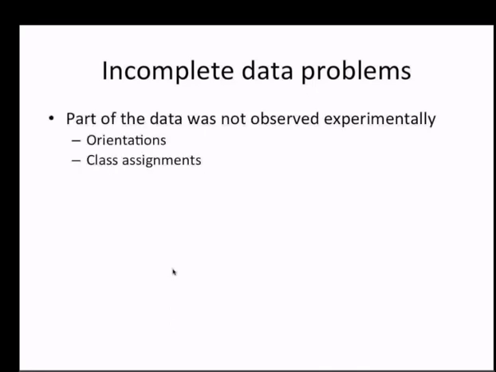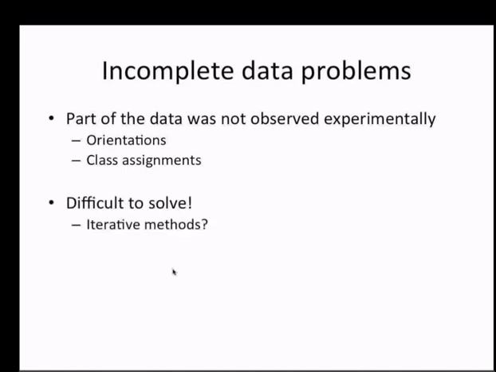Okay, so incomplete data problems, you could think of them as problems where part of the data was not observed experimentally. And in our case, you could think of this incomplete part of the data as being the relative orientations of all the experimental particles. And if there were 2D or 3D heterogeneity, then class assignment would also be part of the incompleteness.